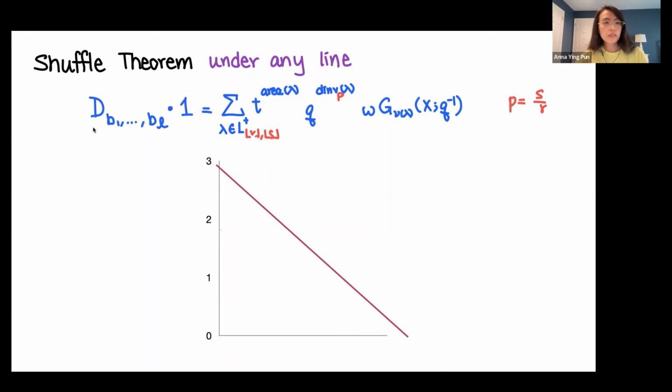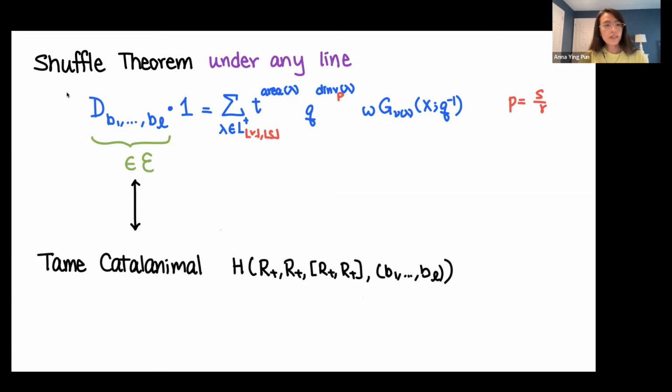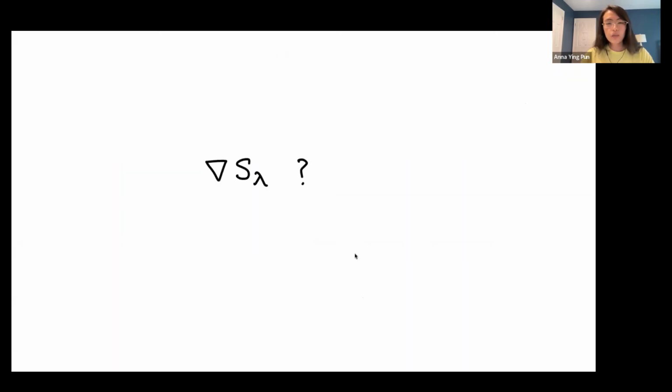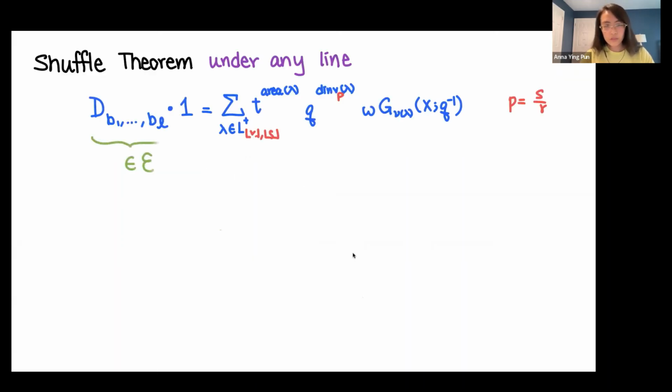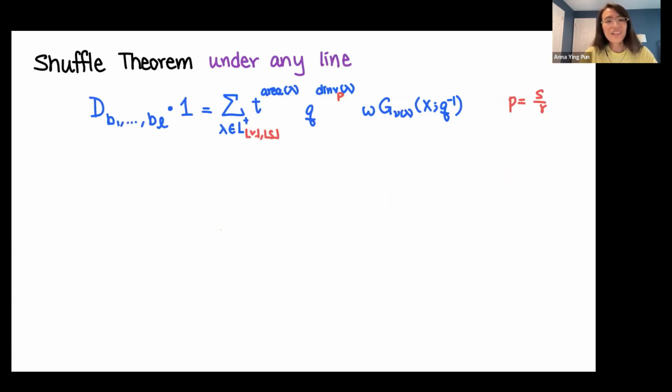So that's linking our elliptical algebra and getting this, okay? So this guy, again, because it's elliptical algebra, we have a way to link it to the tame cats, right? All these tame cats are of this form. If you put all these b's as ones, whoa, that gives you back the original shuffle theorem. So that's what I want to say.